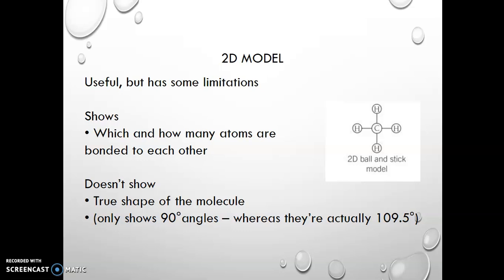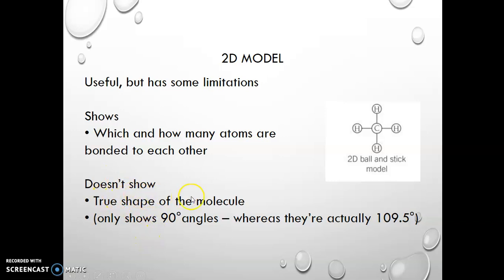So where you have bonds like the carbon and the 4 hydrogens, it has them at right angles. Whereas actually, in a molecule, to be more accurate, the angle between covalent bonds is more like 109.5 degrees. You will not be asked that angle, but you do need to know some of the limitations of these models.